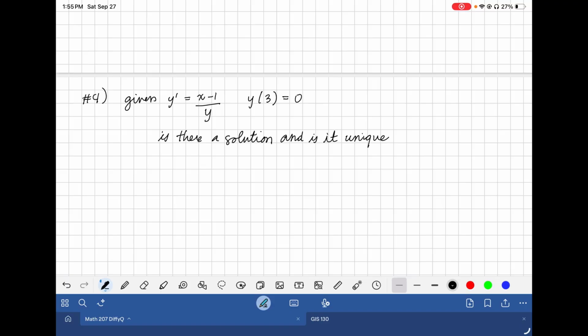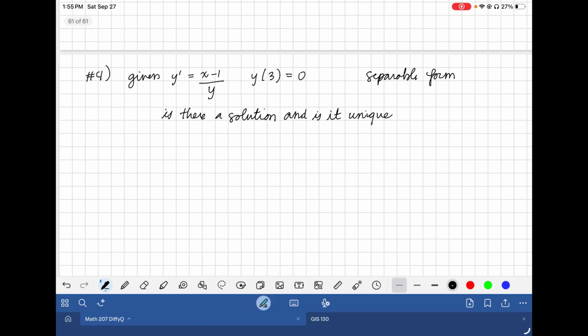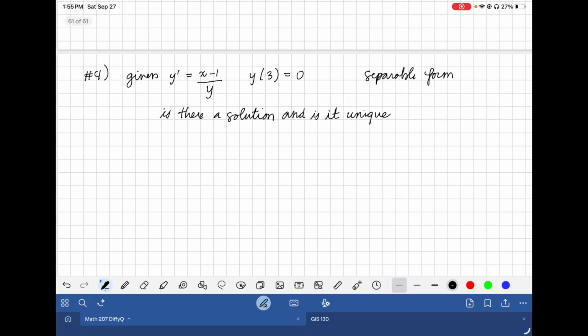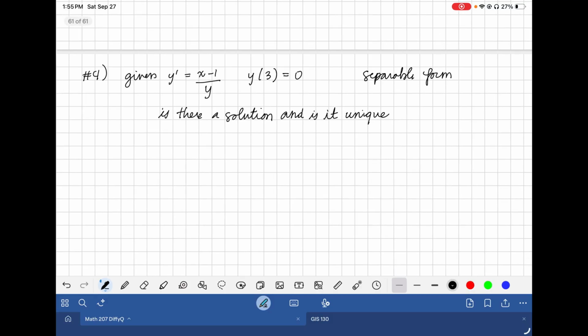All right. And then if we're looking at the form of this equation, we can see that it is in the separable form. So it's going to be a separable equation. So first answering the question of, is there a solution? There is a fraction in this equation.